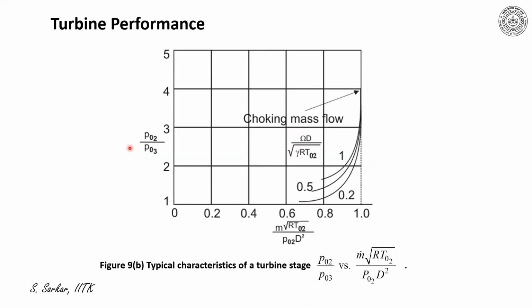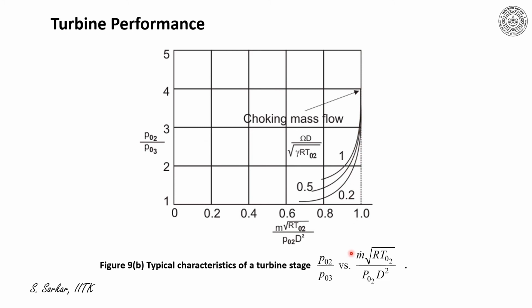Furthermore, the pressure ratio versus non-dimensional mass flow rate, that is m dot root over r T02 divided by P02 d square, has been plotted here for different non-dimensional speeds, that is omega d by root over gamma r T02. It indicates that for any speed, after a certain mass flow rate, the pressure ratio lines become vertical.